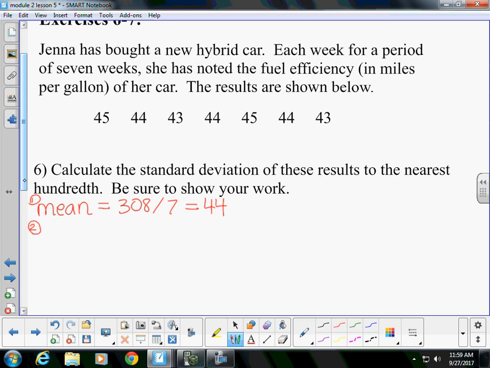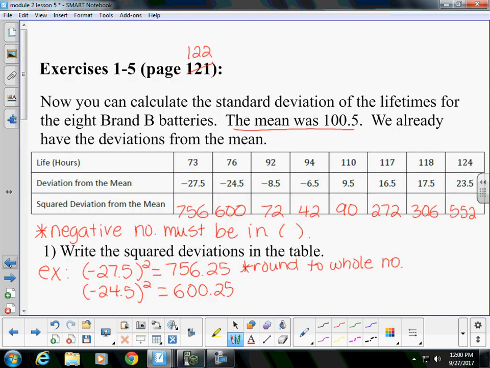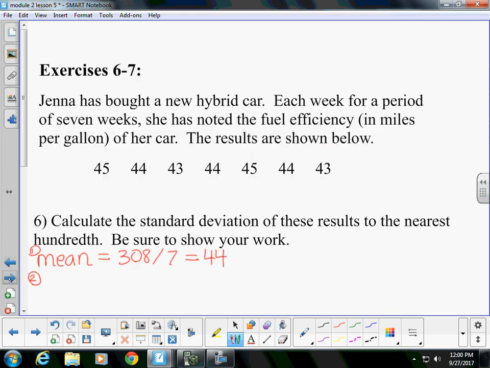The next step is to get the deviations from the mean. That's what we did yesterday. So I want to subtract 44 from all those numbers. My recommendation is to put those numbers in a table format, like the previous problem, a table with 3 rows. If you have room in your book underneath the numbers, great.